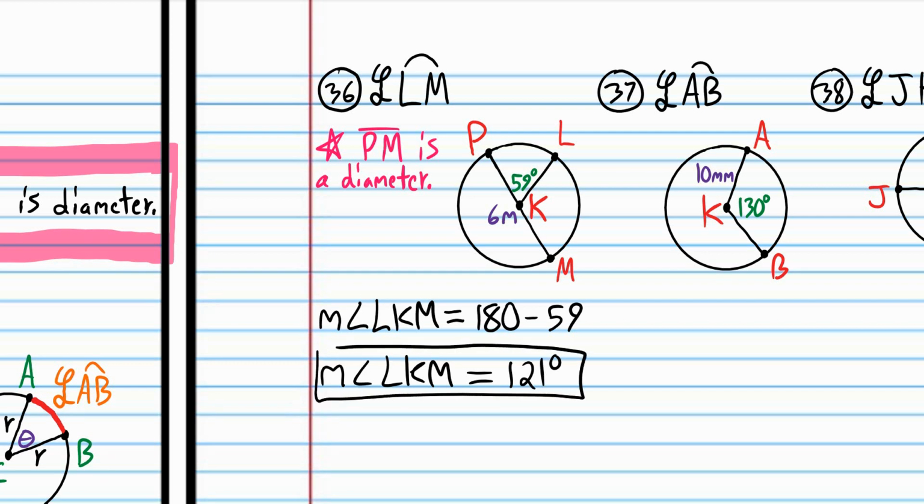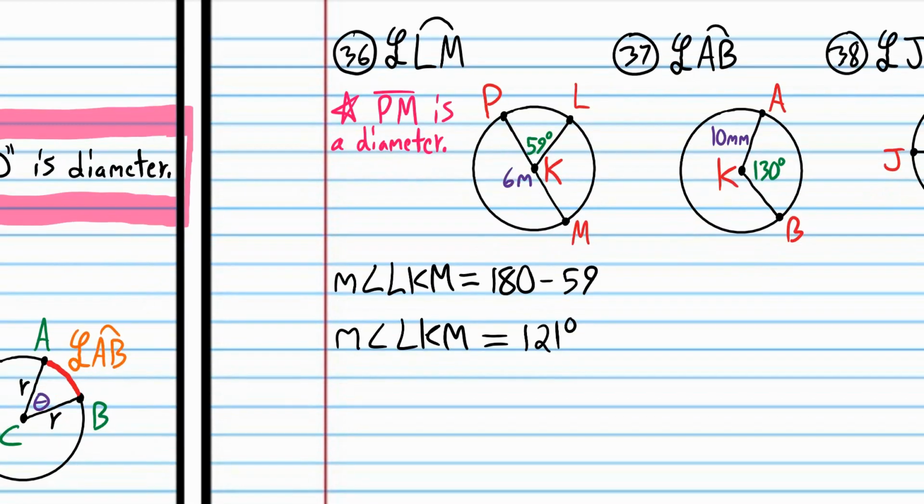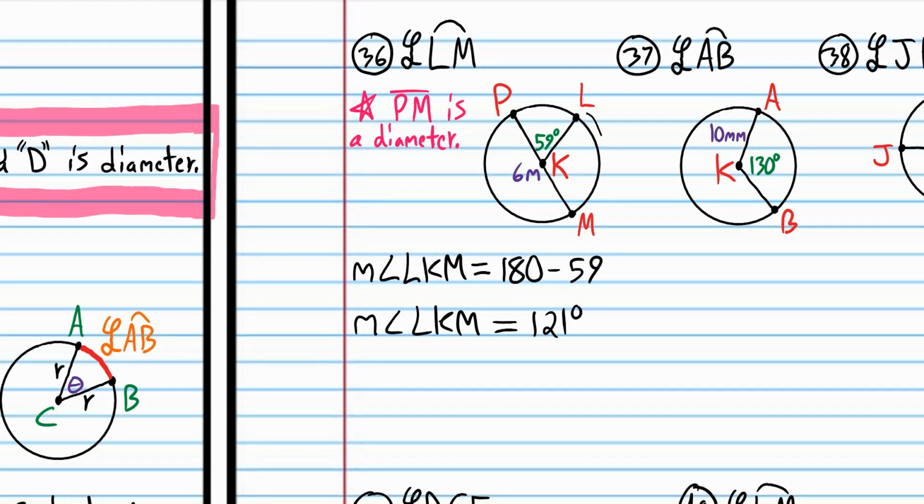Whoops, that's not the answer though. So this angle here, LKM, is 121 degrees. So now we can find the arc length. So the length of LM, arc LM, is equal to 121 over 360 times 2 pi times the radius.